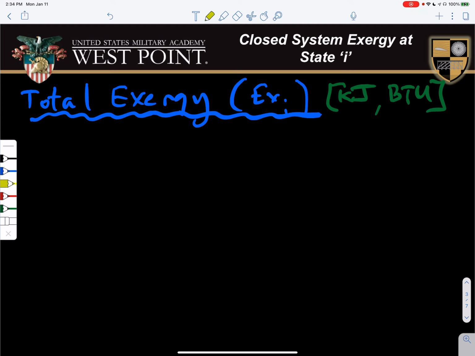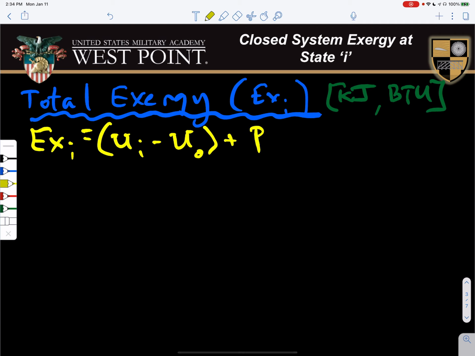Exergy is related, obviously, to energy, but it also incorporates a consideration of what the dead state is. So we start with our difference between the dead state and our state in internal energy. We add to it the potential for boundary work, which in this case is a PV concept, and our volume is the difference in volume between the state of interest and the dead state.